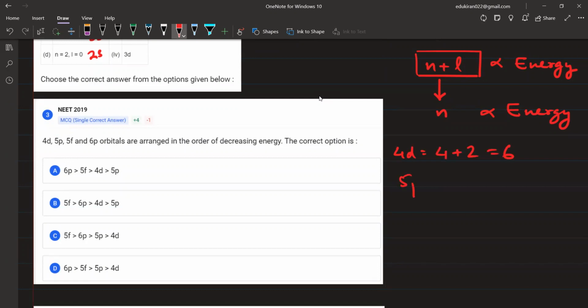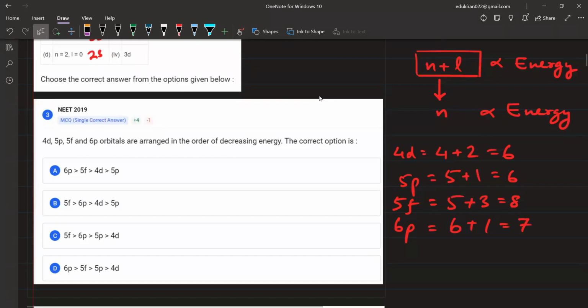Then 5p. 5p is equal to 5 plus 1. This is equal to how much? 6 again. Then we have 5f. 5 plus 3, 7, right?